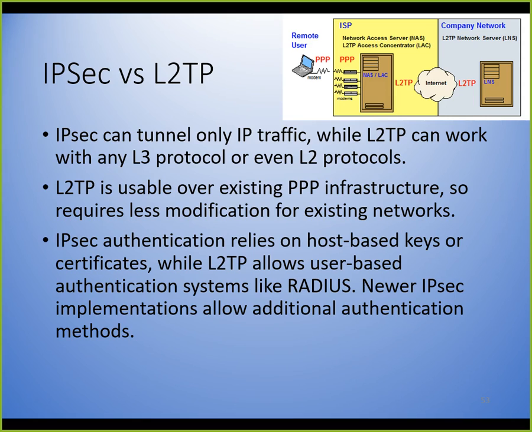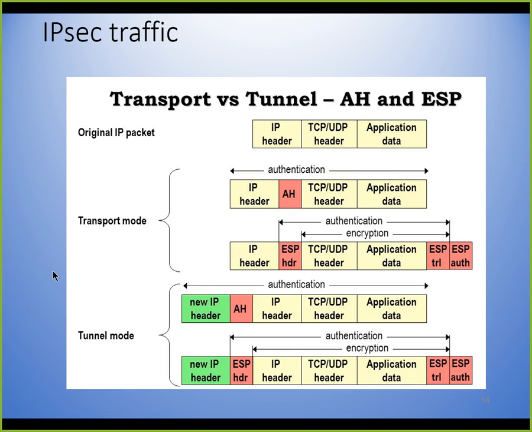In IPsec, if you watch that video, the client machine had to have a certificate from the RADIUS server so that the RADIUS server could identify itself. It was one-way. It's kind of backwards, because you'd think the server has to authenticate to the client in that case. Newer IPsec allows additional authentication methods. So we have different ways to do this.